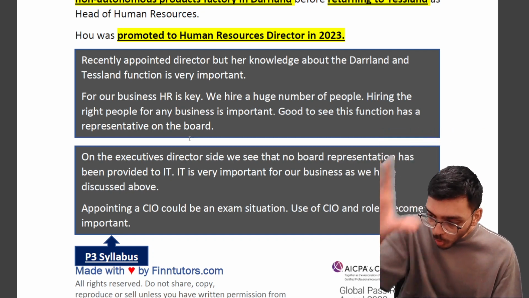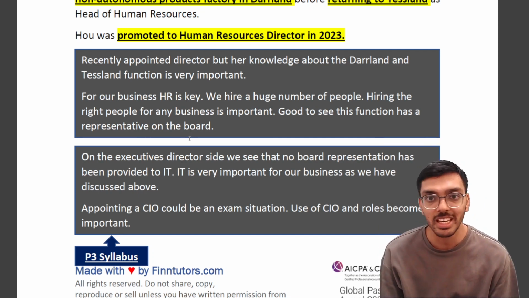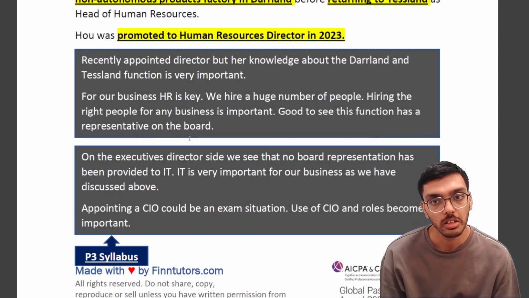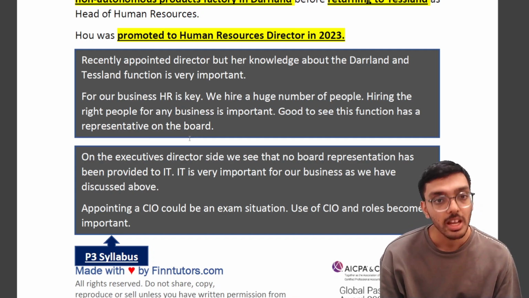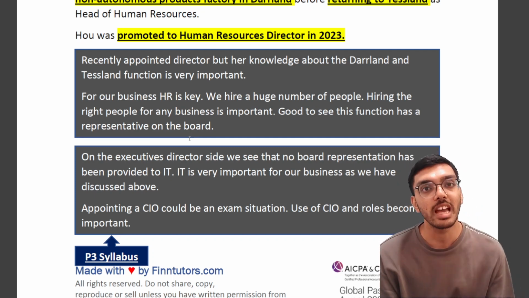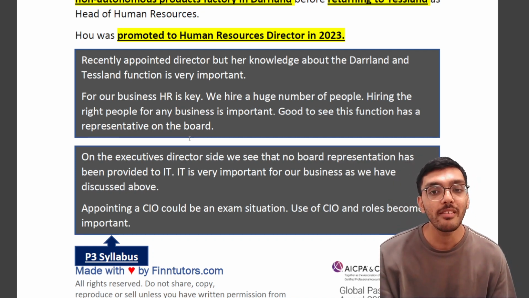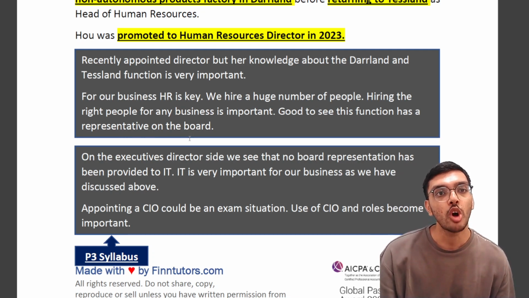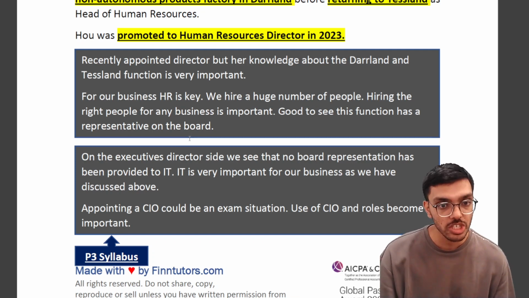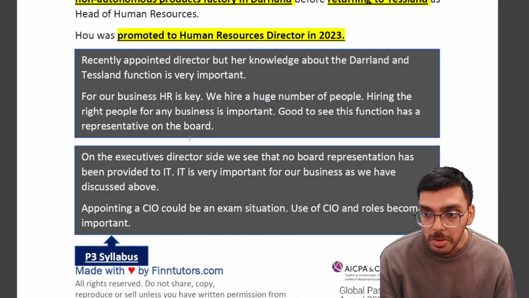And if I look at all of these executive directors, one very distinct thing which is missing is an IT director. Now, for a business that is heavily dependent on IT and a market overall, which is heavily dependent on data and the use of data, if we don't have IT representation on the board, it means that IT is not at the center of our strategies, which again could mean that we may be missing out on huge opportunities.